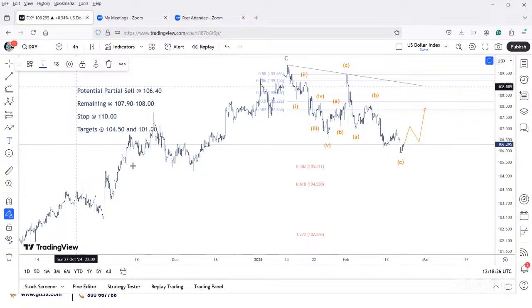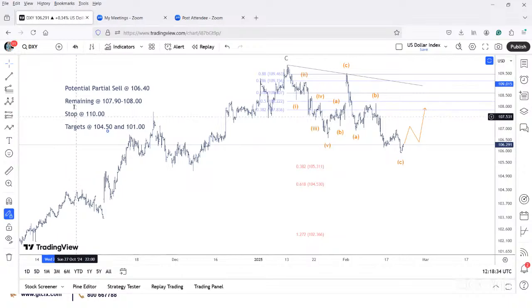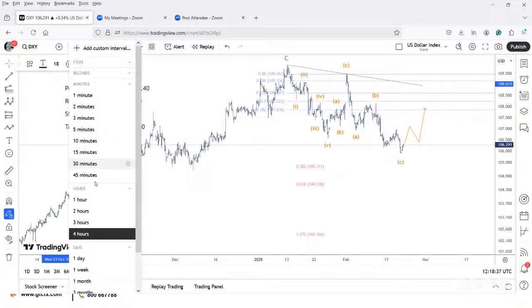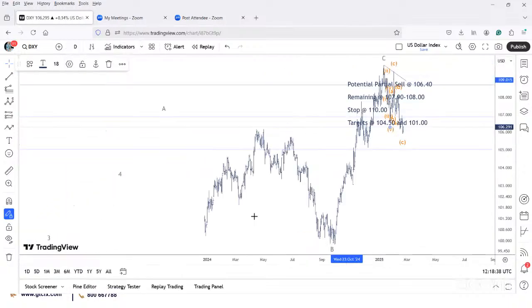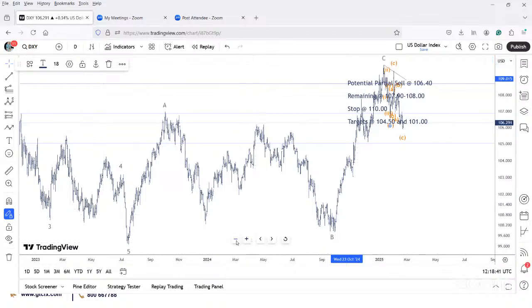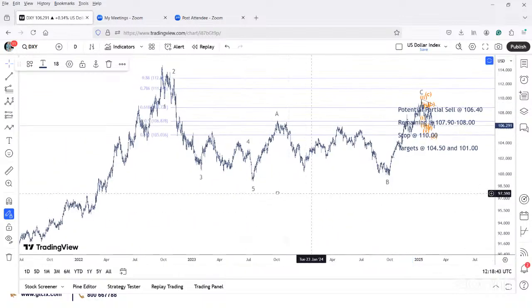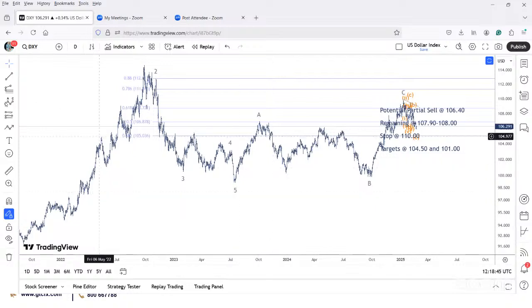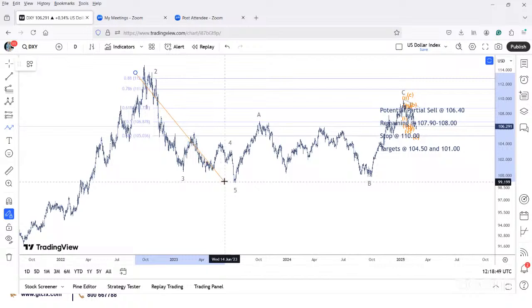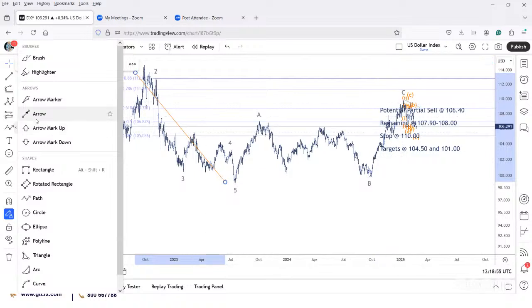In fact, it's not even 101. Let me get back to the daily chart, please. The Elliott wave counts actually suggest that the magnitude of the drop of the first wave would be equal to the magnitude of the drop of the third wave, or the C wave.